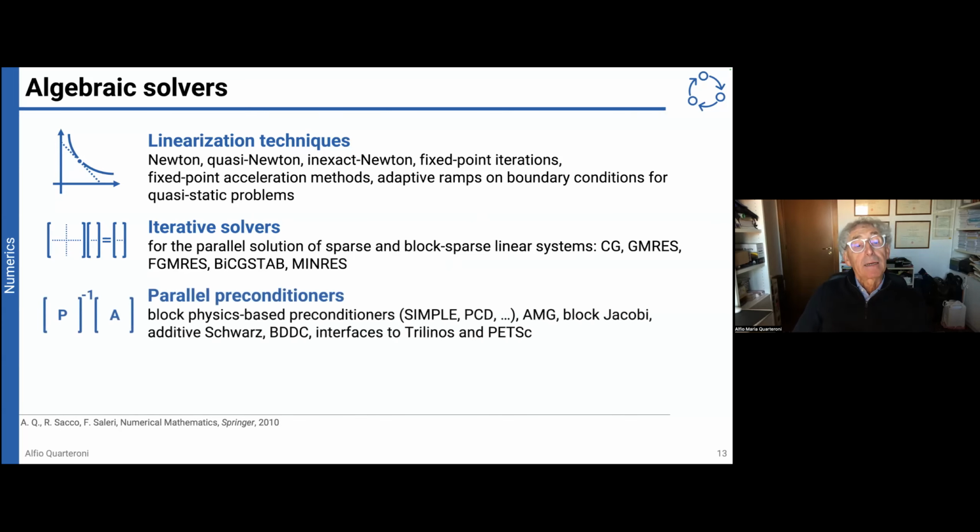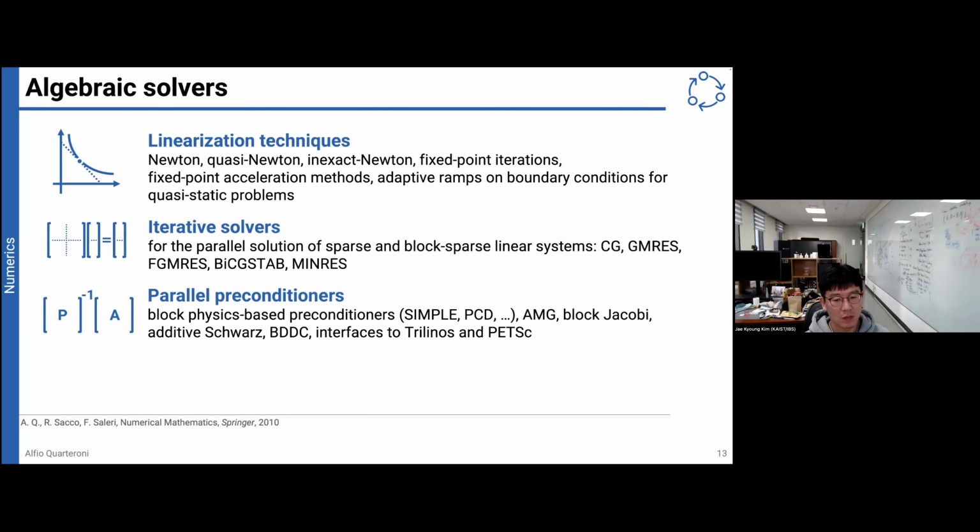And then last but not least, we need to develop parallel preconditioners, which are based on multigrid, algebraic multigrid, or domain decomposition methods, because we need to look for scalability, meaning that when you're using multiple processors, we want to make sure that our computational time gets reduced proportionally, which again is not an easy task.